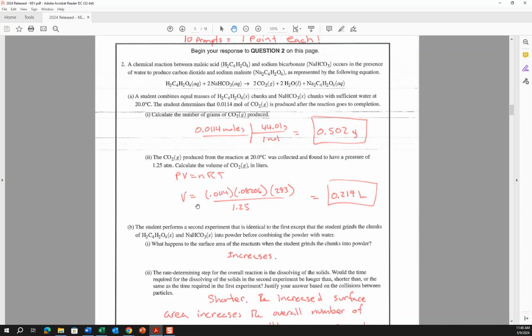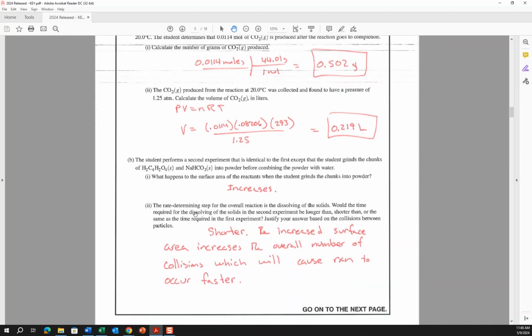So you've got to use PV=nRT. We're solving for V. Use the correct R value. If you're going to use atmospheres, make sure you convert your temperature to Kelvin. Whenever you solve for V using the ideal gas law, it's going to be liters unless you adjust your R value. So 0.219 liters.